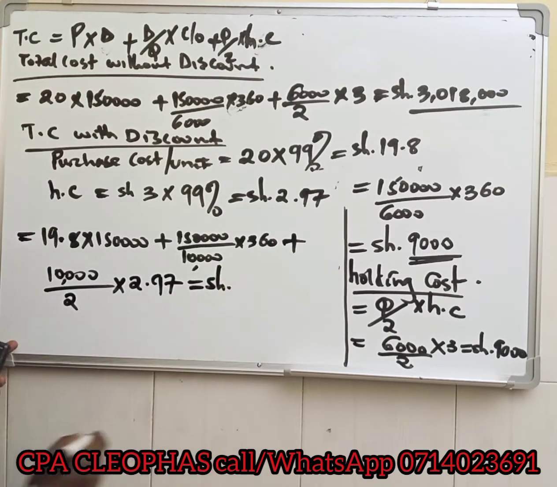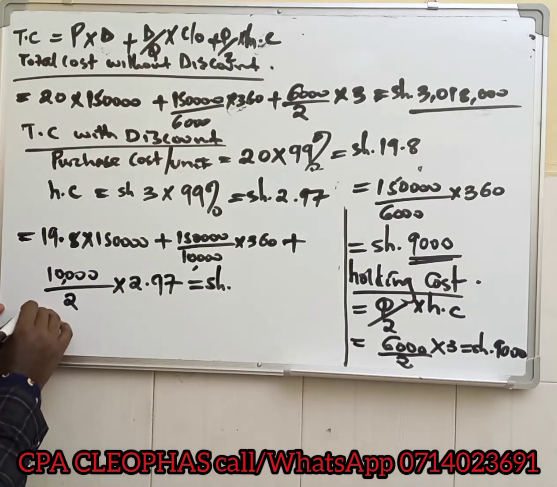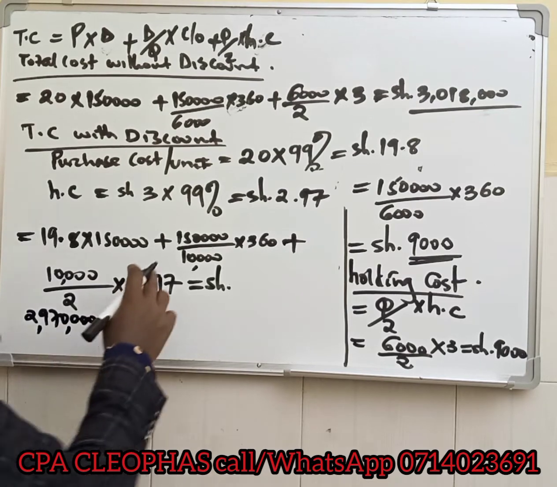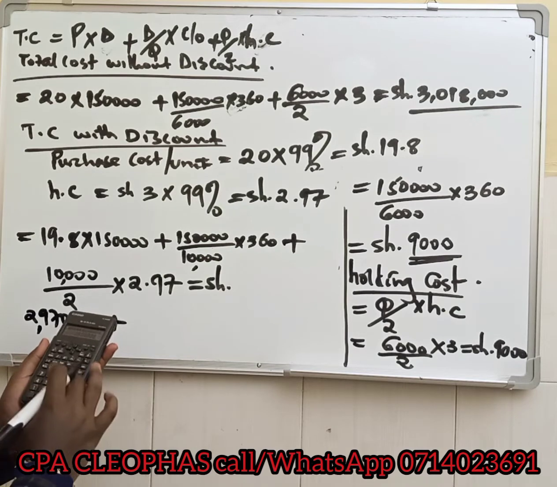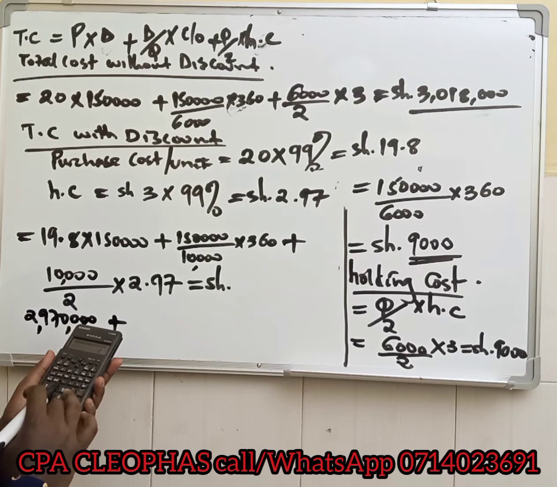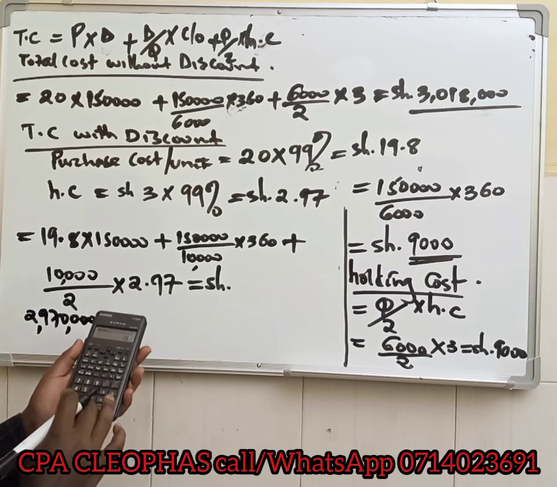So you'll get your new cost there. You'll have 19.8 times 150,000, that is 2,970,000, the cost of purchasing. Plus the ordering cost: 150,000 divided by 10,000 gives 15 orders, times 360.